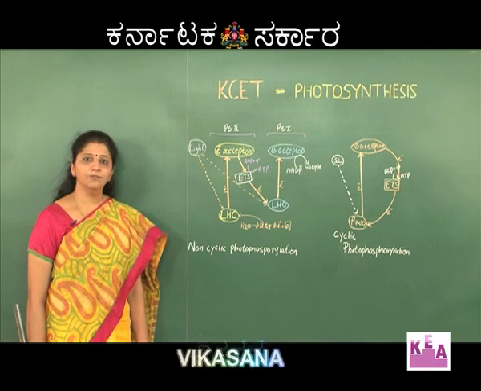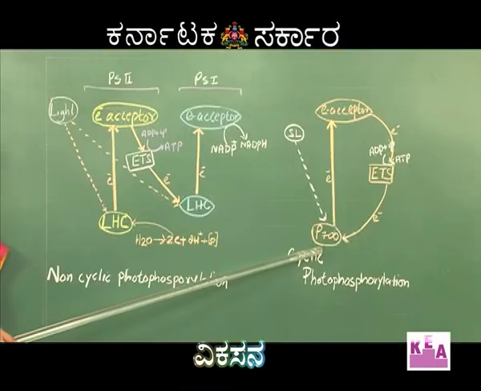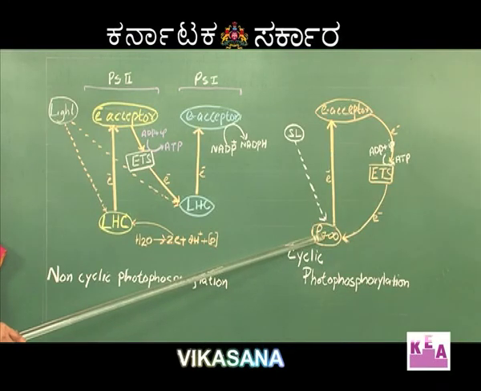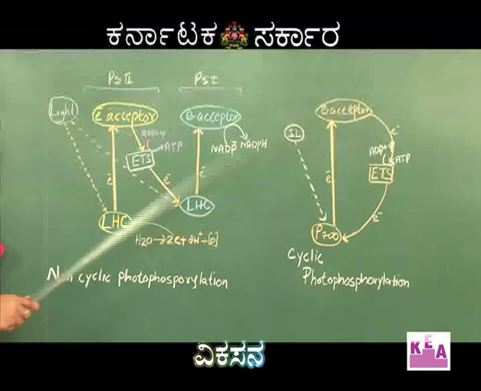Now, cyclic photophosphorylation. In the cyclic photophosphorylation, PS1 absorbs the light energy and the reaction center of PS1, that is P700, will expel the electron.